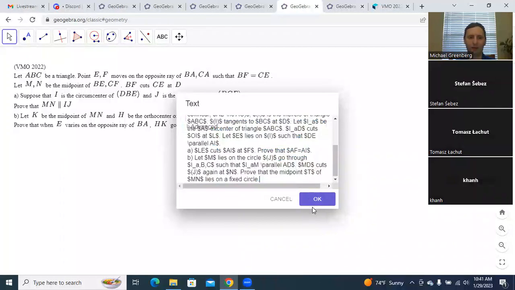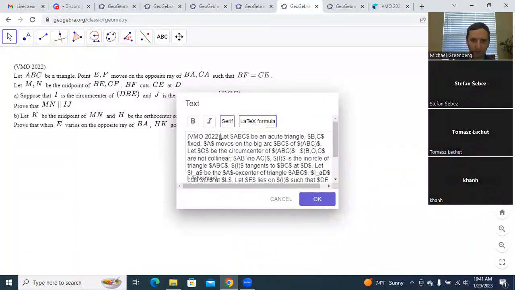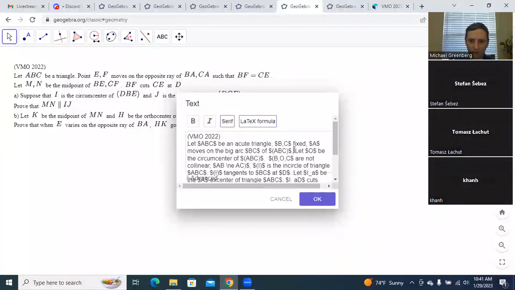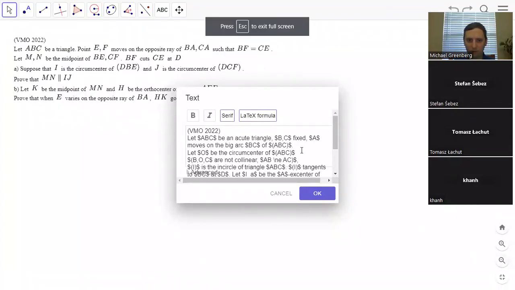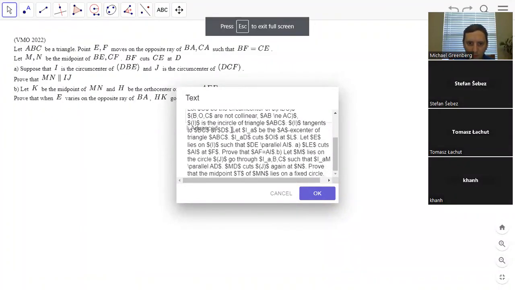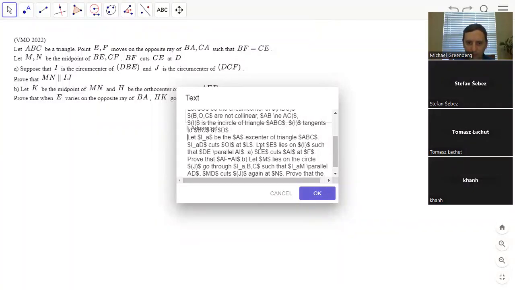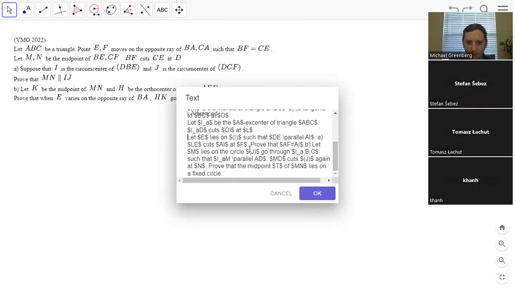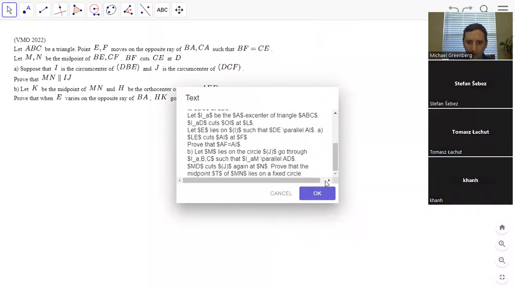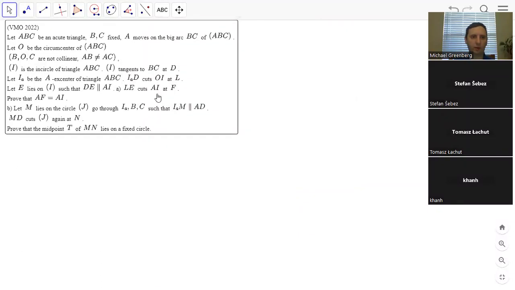So yeah, it should be fun doing that. All right, so we have a triangle ABC.